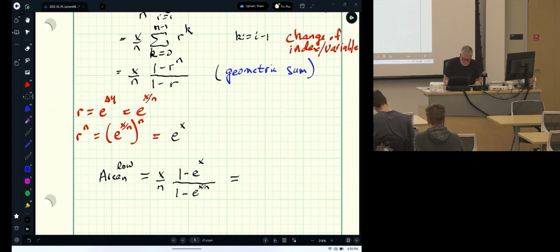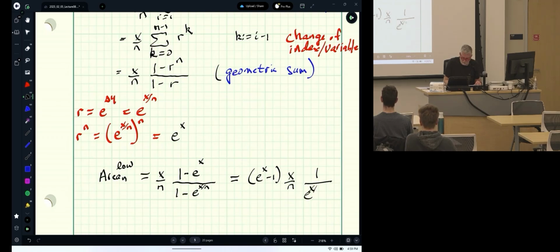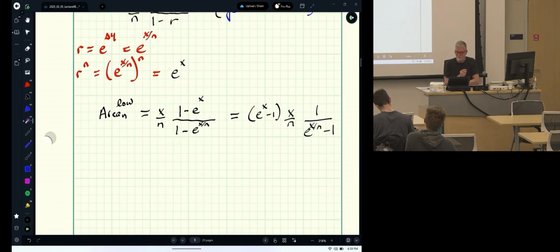And what I'm going to do is bring this 1 minus e to the x as e to the x minus 1, so it's a minus sign here. And then this will be e to the x over n minus 1. So multiply top and bottom by minus 1 to flip the order, factor this one out, and then this depends upon n.